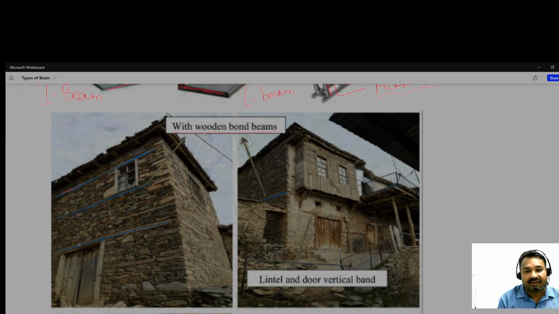In the right side the building you see, so these are the wooden beams. And just गेट के ऊपर एक स्लैब, this slab. ठीक है, तो ये nowadays by cement, but earlier days by the wood.